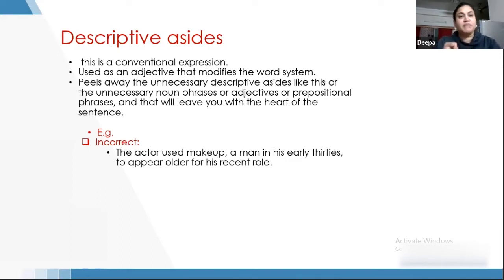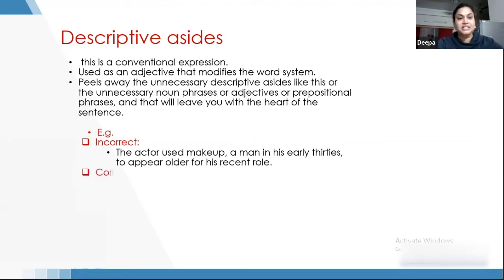The actor used makeup to appear older for his recent role appears better. And taking this, a man in his early 30s can be placed, what is it describing? A man in his early 30s, whom is it describing? It is describing the actor.